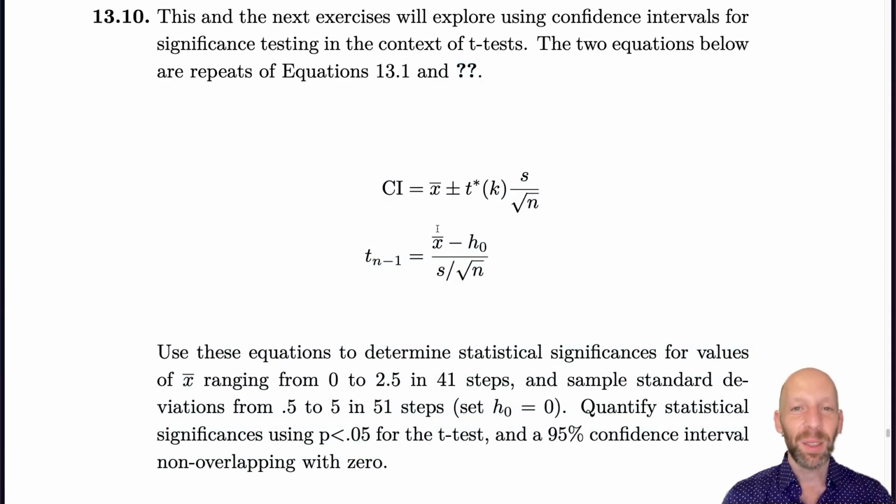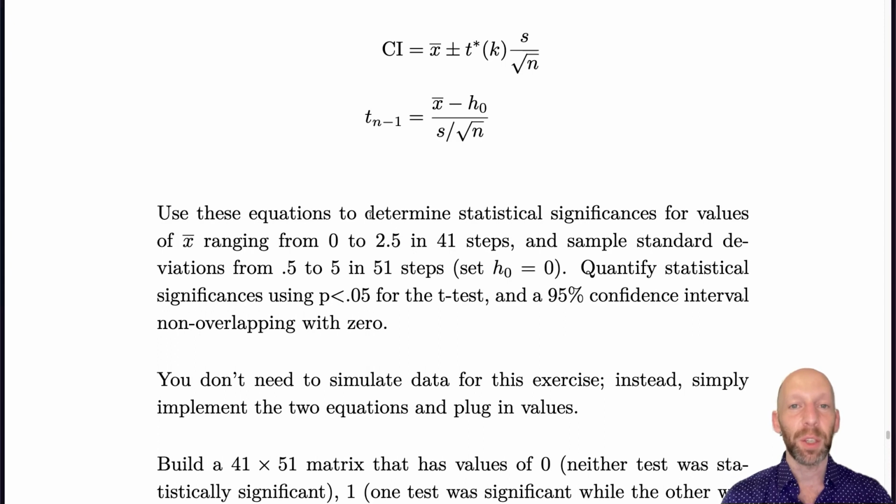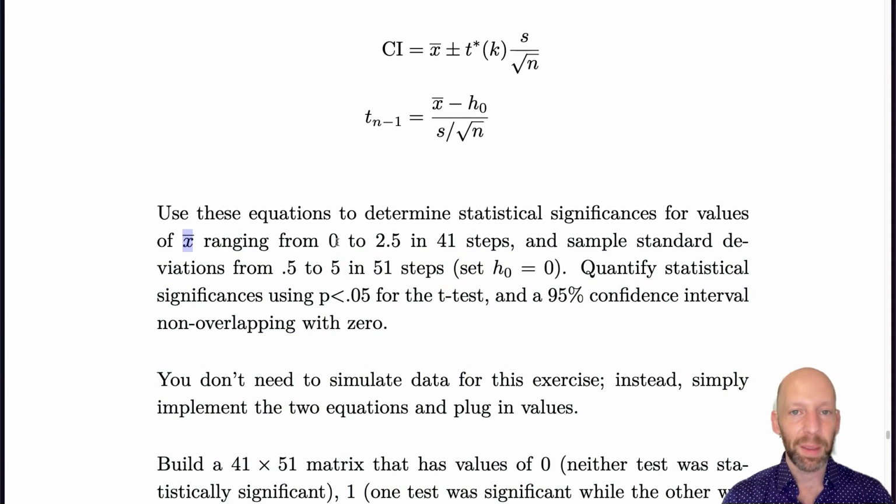So implement these two formulas in Python, and then use these formulas to determine the statistical significance, just a binary decision, significant or non-significant, for a range of sample means from 0 to 2.5 and a range of standard deviations from 0.5 to 5. You're always testing against the null hypothesis of 0.